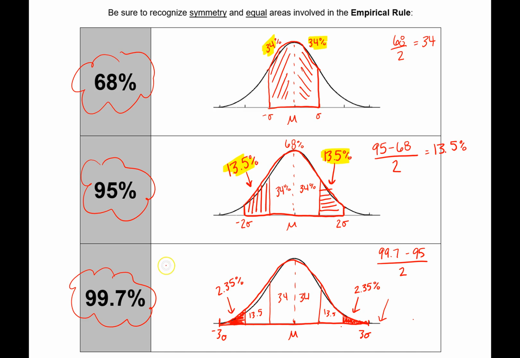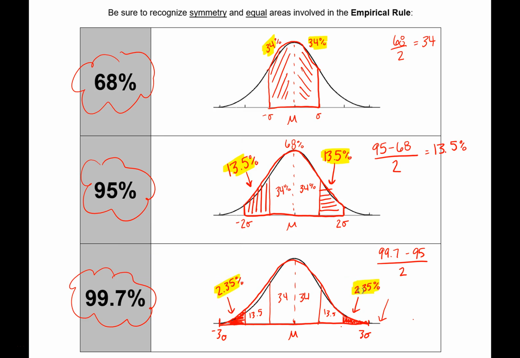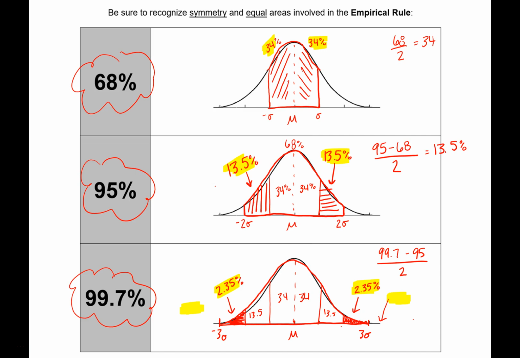Okay, so the last part that we need is when we go out beyond that piece. So we're talking about this section over here now. We're looking at this little bit out here where almost nothing is. It's the last bit of the 100%.